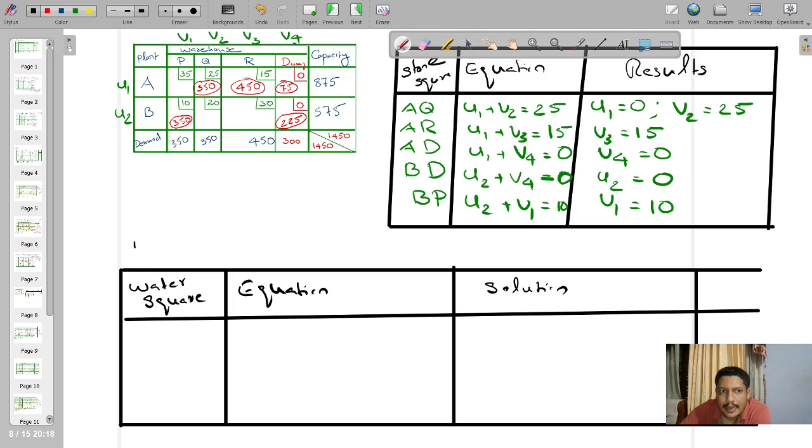So we are now calculating the net cost change.